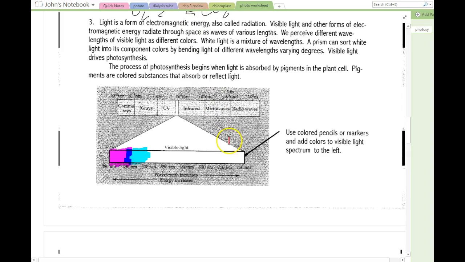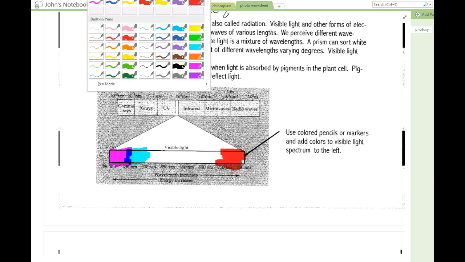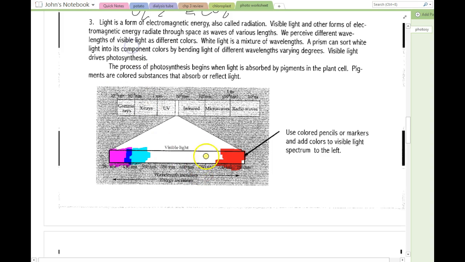Red right there. Red's over here. Where's orange? Is that orange? This is hilarious. Is that yellow?